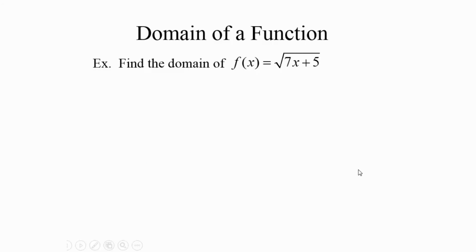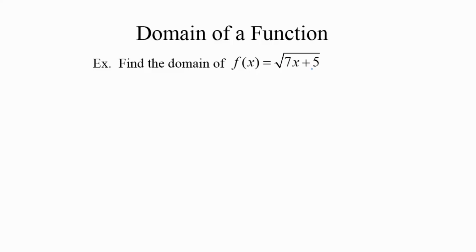As I said, if you have a square root, or for that matter, if you have an even root in your function, now you have to be careful. Since you cannot take the even root of a negative number, that would be excluded from whatever from minus infinity to plus infinity is. So here it says find the domain of f of x equals square root of 7x plus 5.